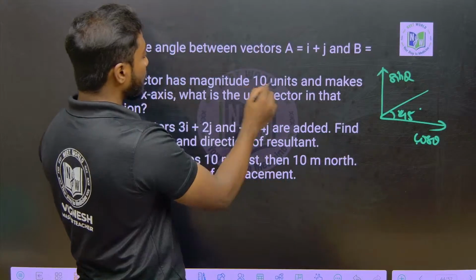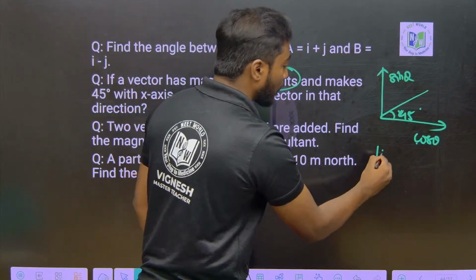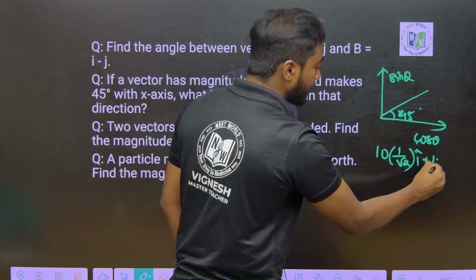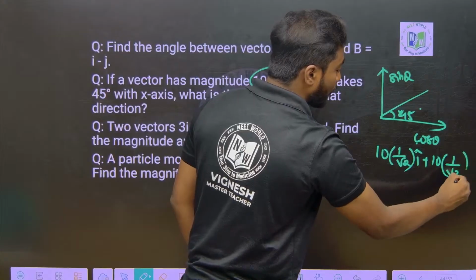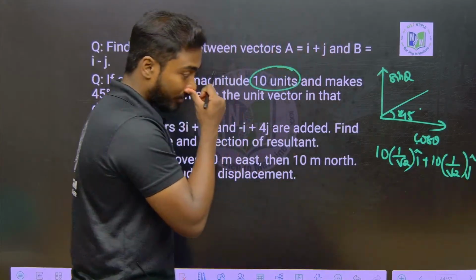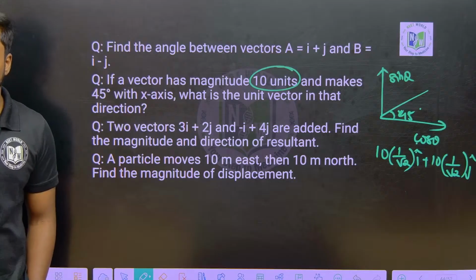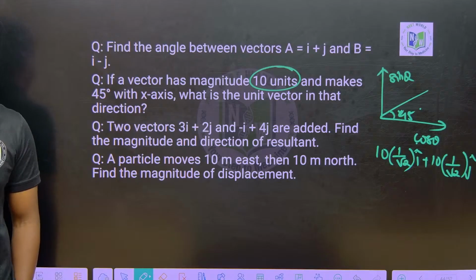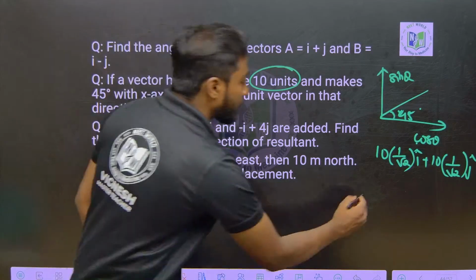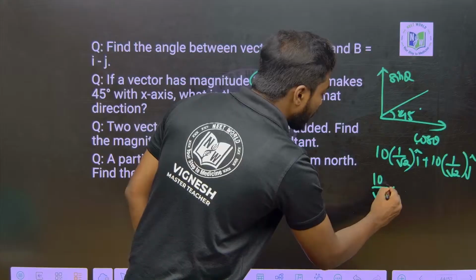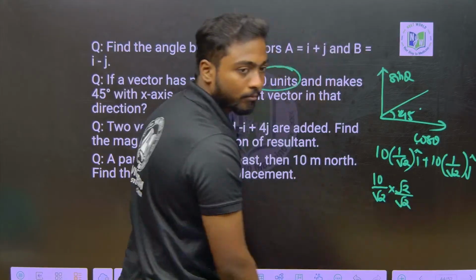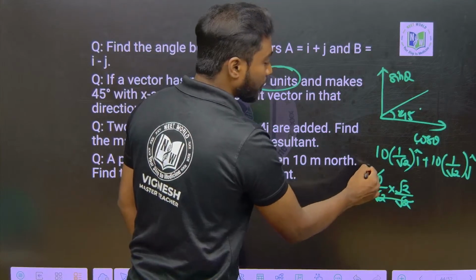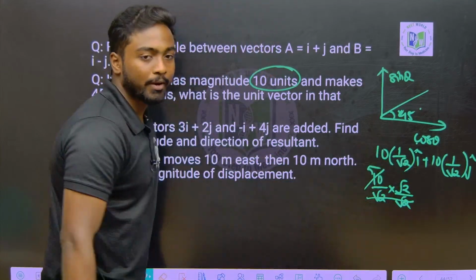So 10 cos 45, 1 by root 2, i cap plus 10 sin 45, 1 by root 2, j cap. So what is the answer? 10 by root 2 i plus 10 by root 2 j, that is 5 root 2 i plus 5 root 2 j. How? 10 by root 2 into root 2 by root 2, root 2 times root 2 becomes 2, so 2 5s are 10, 5 root 2 i plus 5 root 2 j.